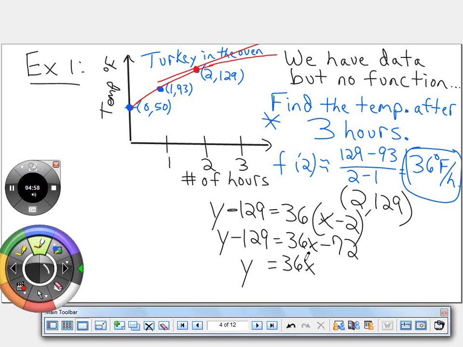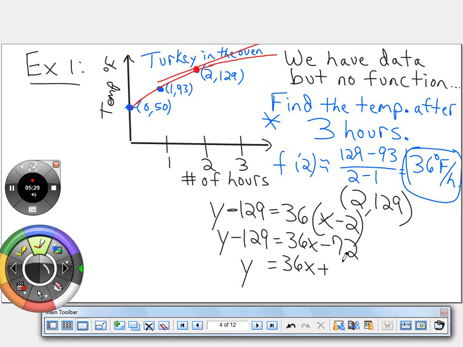So when we add the 129, we get 57. So we get plus 57, if we care to put it in this form.